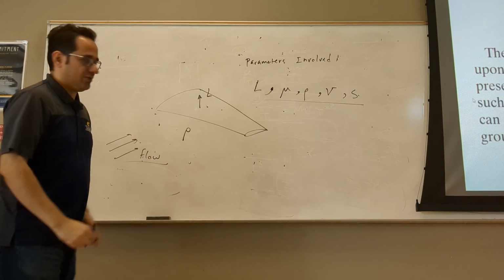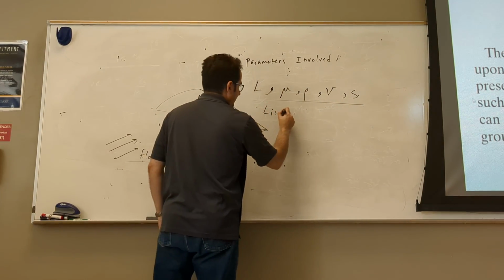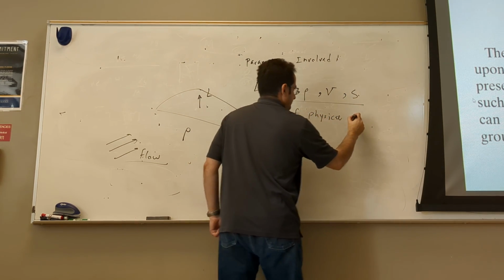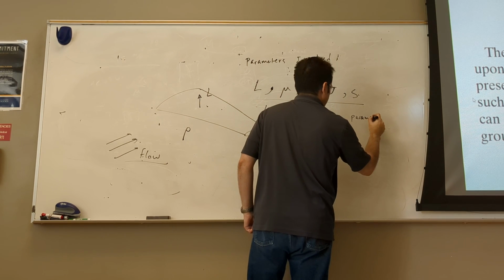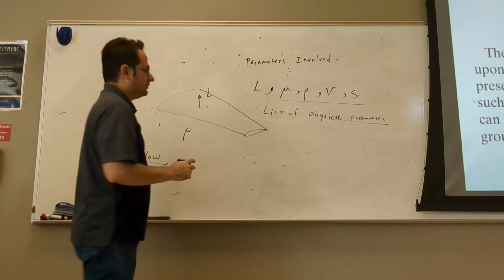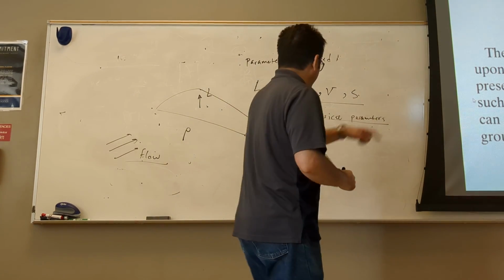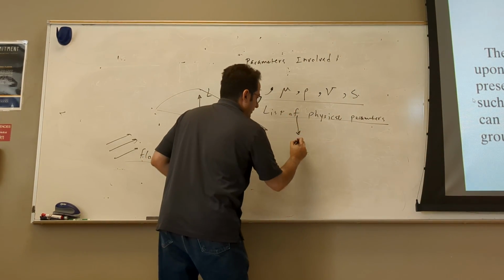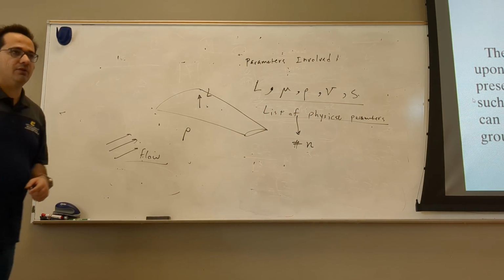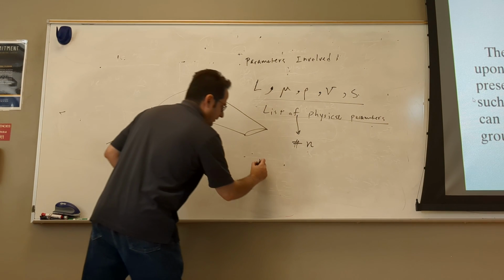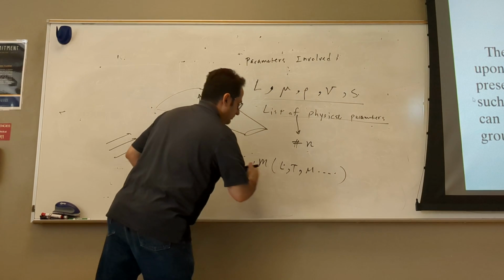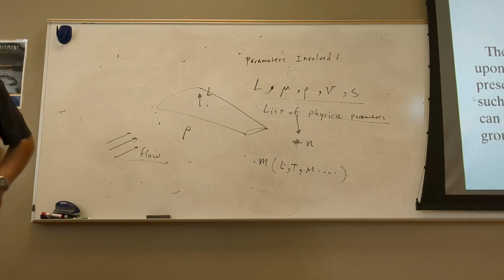So look at this. This is a list of physical parameters. Now the Buckingham Pi theorem is saying, if you have n number of physical parameters and m number of L, T, M basic dimensions.